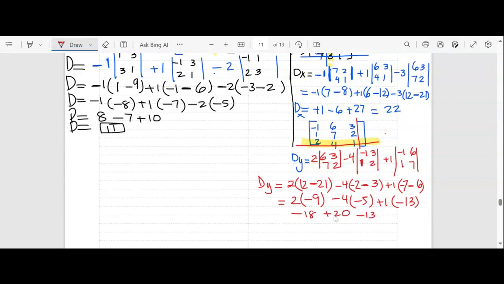This one, -30. So, what will be the answer? -11. So dy is -11. So we get dx and we get dy. What's left? dz.